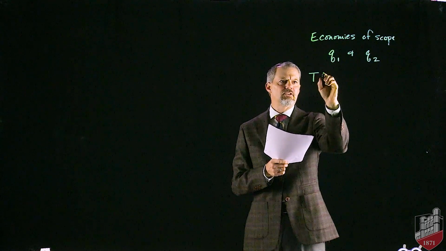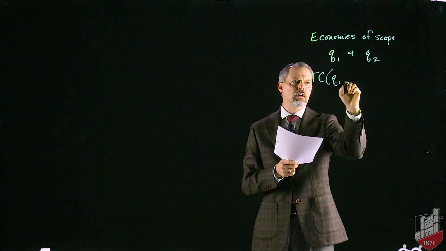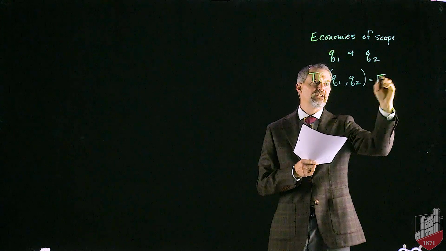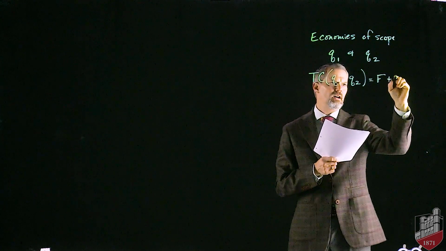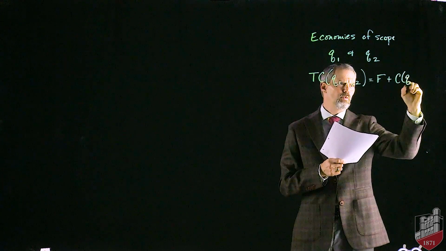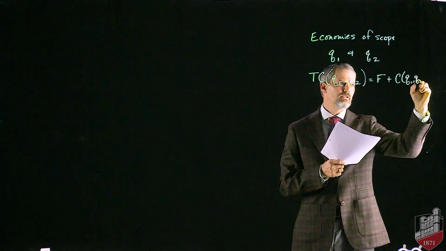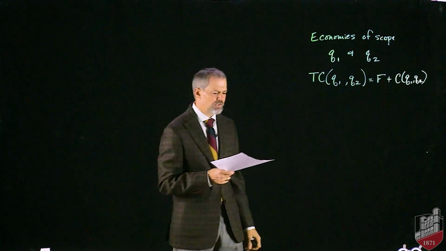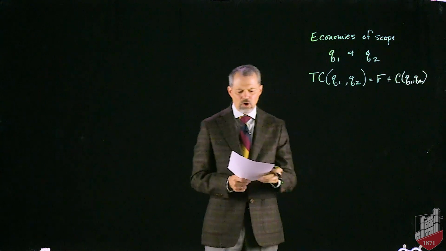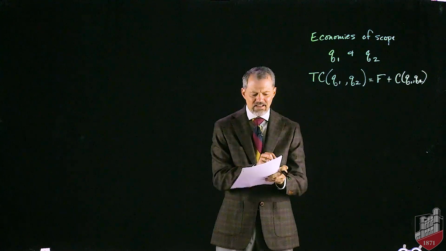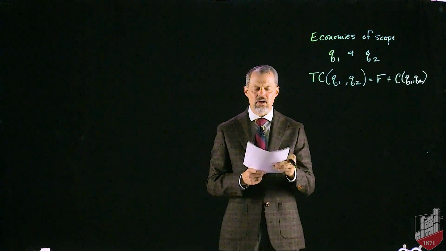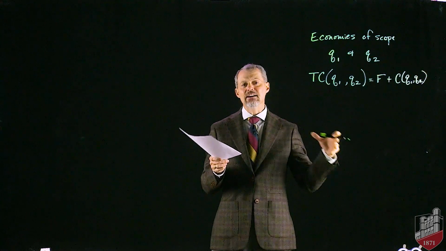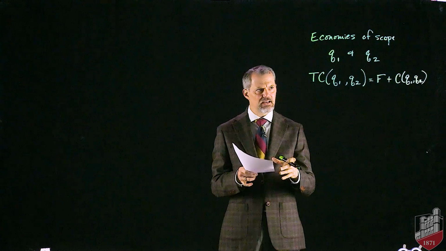So we could think about the total cost of producing Q1 and Q2, and that's going to be the fixed cost plus the variable cost of producing Q1 and Q2. So that's a more general cost function. We would say that scope economies exist if the cost of producing each good separately is higher than the cost of producing them together.